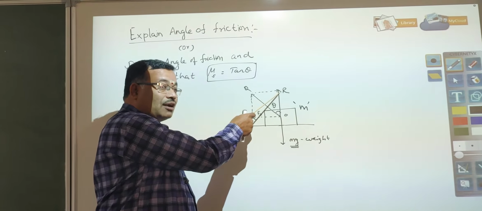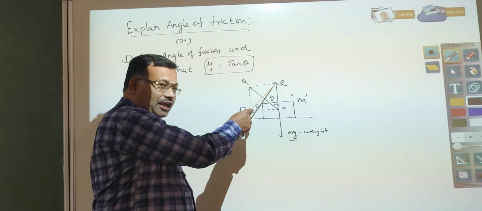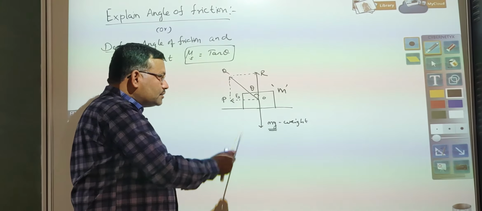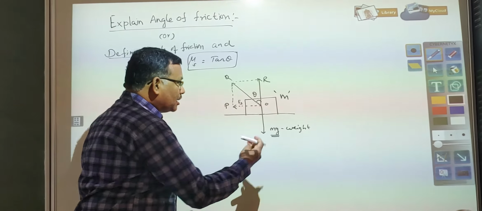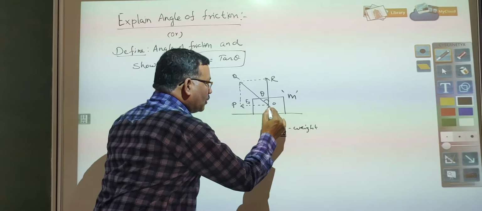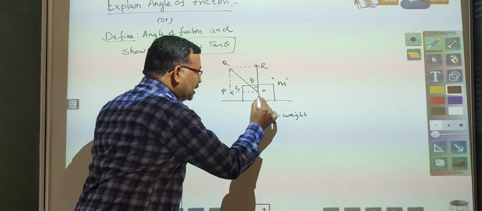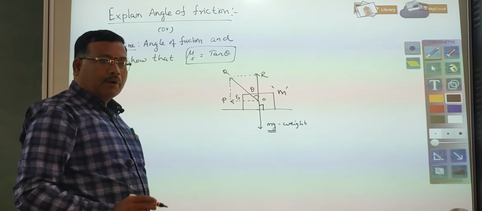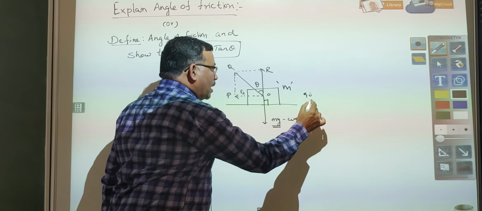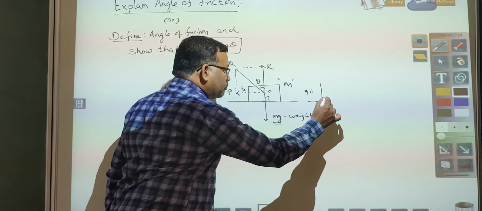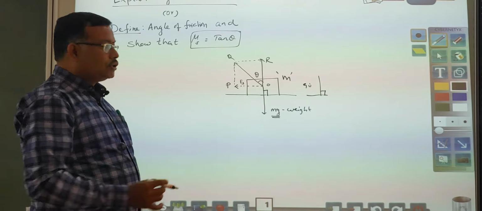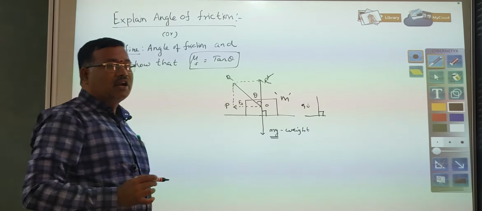Why are we saying normal reaction? Normal means perpendicular. Normal reaction is perpendicular to the plane. Perpendicular means 90 degrees. For this horizontal plane, it is perpendicular, so that is why we call it normal reaction.